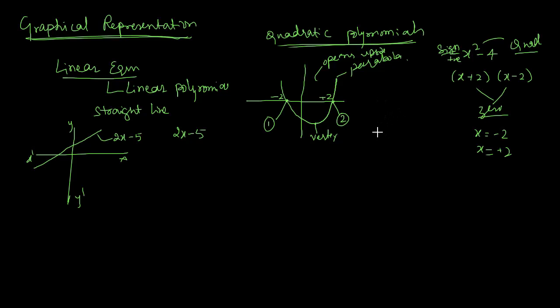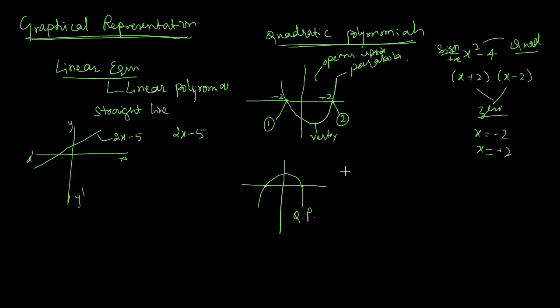So based on that, questions might be, so let's try another graph which is upside down. It is touching or cutting the x-axis at 2 points, so automatically it's a quadratic polynomial. It opens down, so that means the sign of that particular degree is going to be negative.